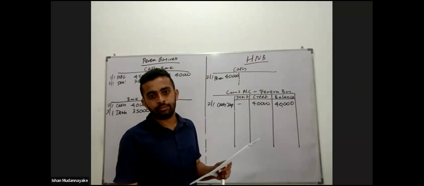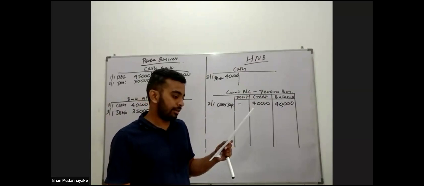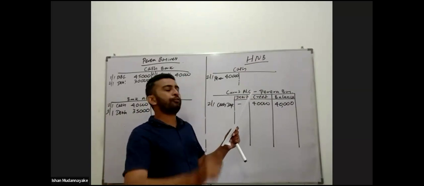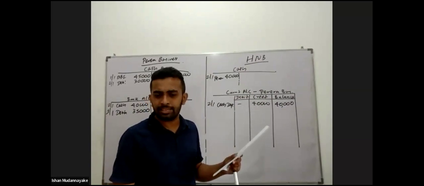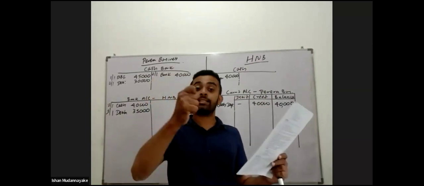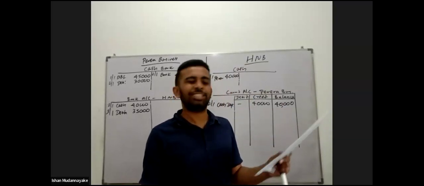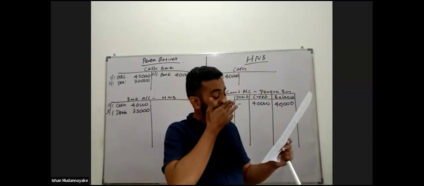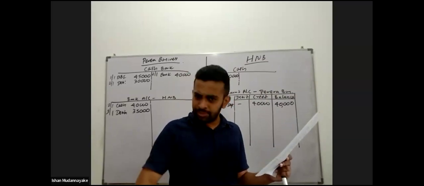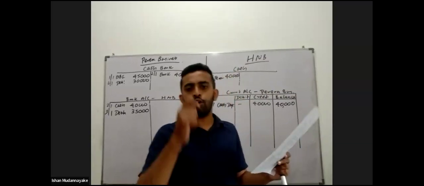HNB bank. What is this realized date? The cash collected date by the HNB bank, 4th January. If they collected cash on 4th January, how does HNB bank pass double entries?